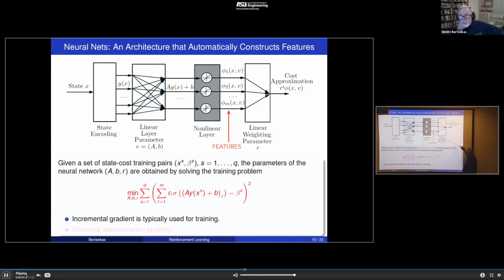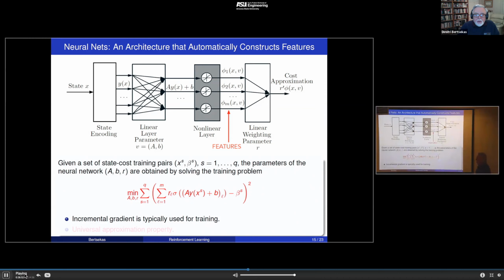And we obtain these scalars that depend on X, and they depend also on V. And we view this as features, and we weigh them linearly with a parameter vector R. Each one of these features gets its own weight, and the inner product of R and this feature vector is what we view as cost approximation. So that's the structure.